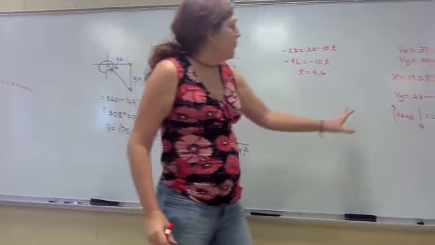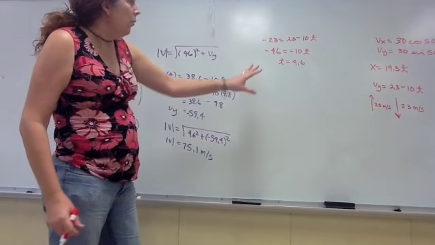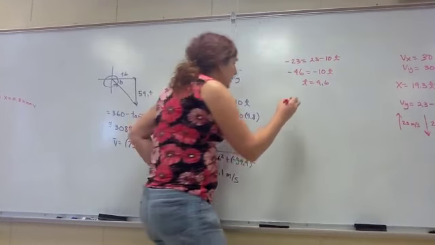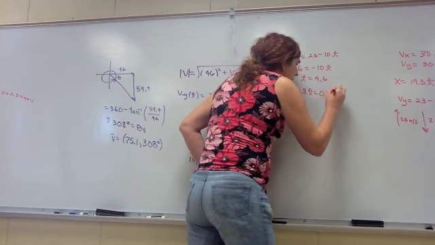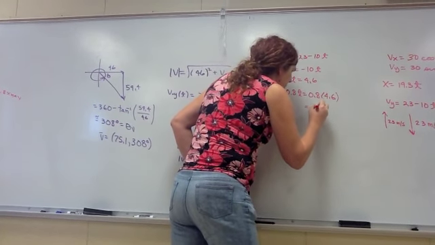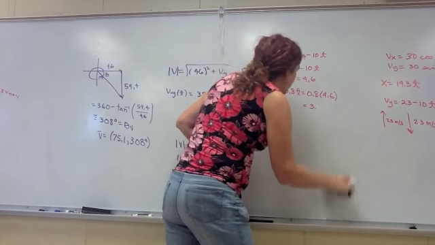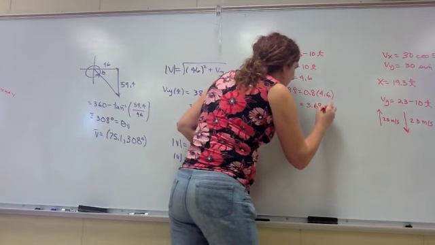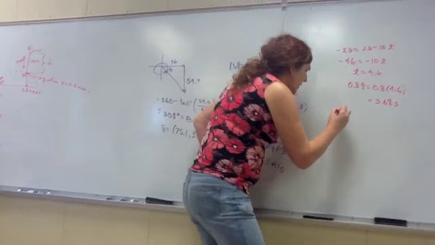Well, x is directly proportional to that, so x is going to be 0.8 of its value when 0.8 of the time has gone by. So 0.8 times 4.6 should be 3.68. So we have about 3.68 seconds. So we're going to get our y2 value by using this.